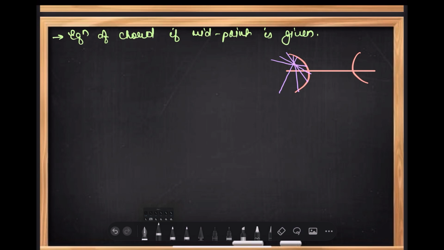Among those chords there will be a chord which will get bisected at this point. So they are talking about this chord. So we will write T equals S1 and things are done. Okay, I hope things are clear. You guys are just revising things.